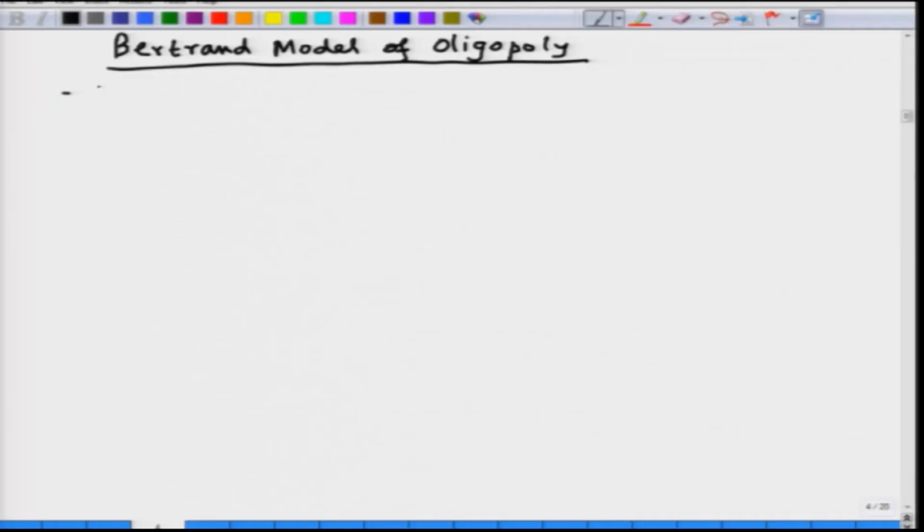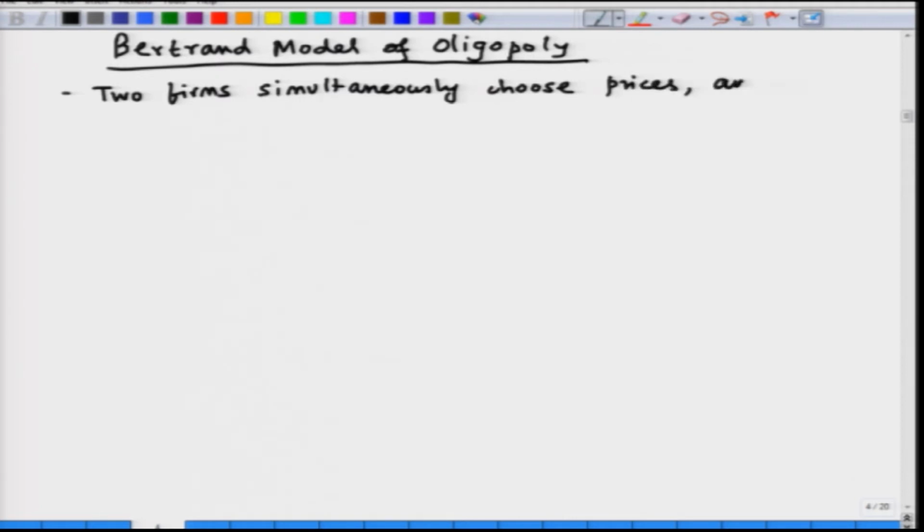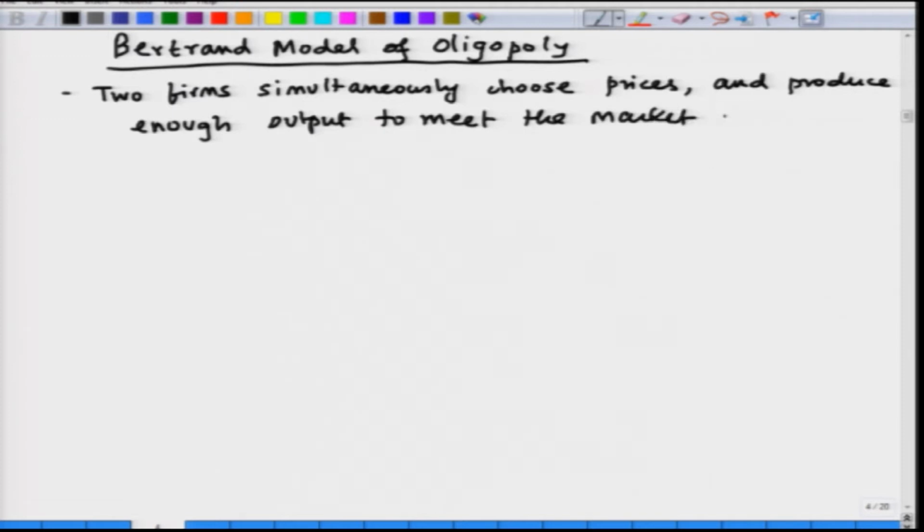So, the two firms simultaneously choose prices and produce enough output to meet the market demand. Right.